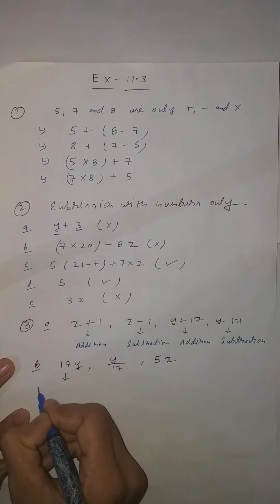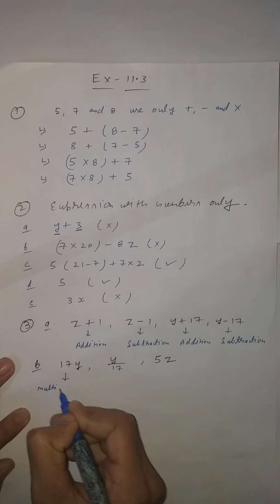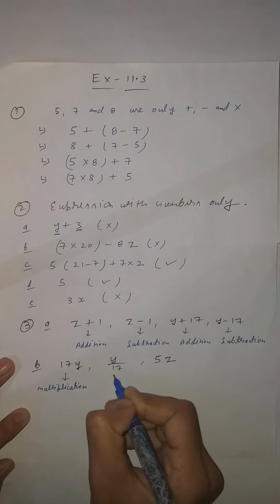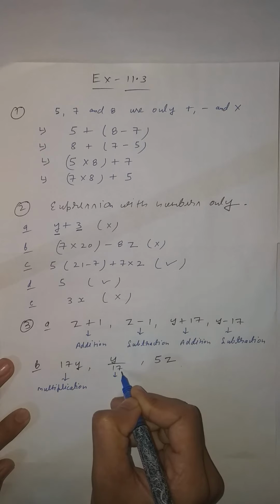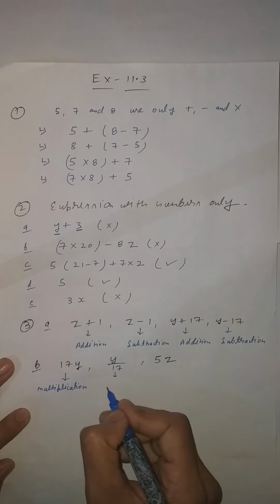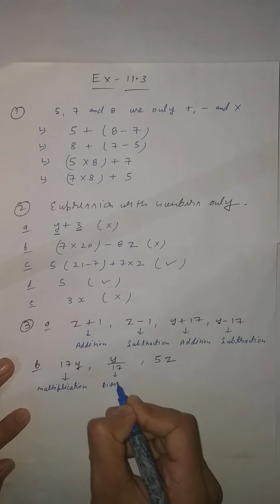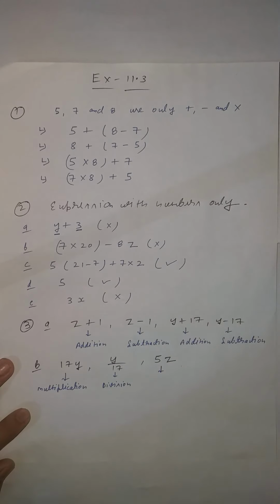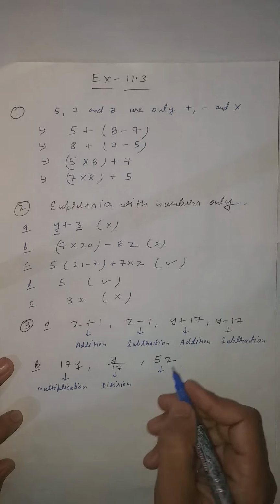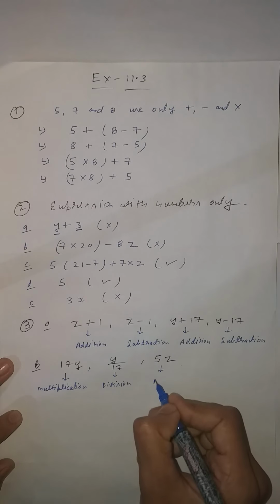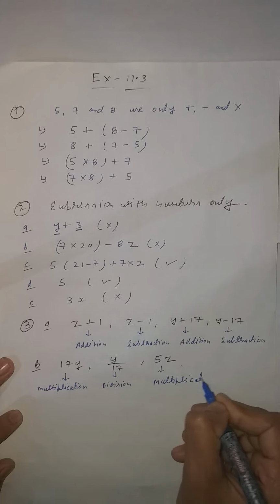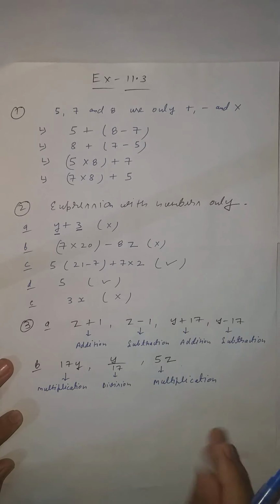You know that very well, multiplication. Clear student? Now this is y upon 17, that is y divided by 17, so the sign is division. Now here 5 and z, between 5 and z the hidden sign is multiplication. You know this very well. Clear students? So you only have to write down the sign.